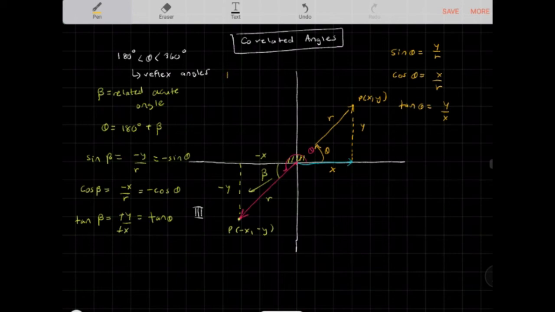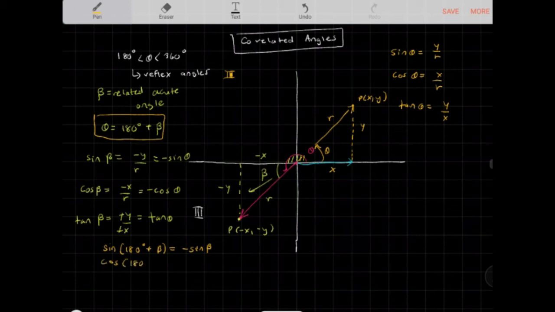So just from this, in the third quadrant, our equations will be as follows, right? So this is your second quadrant, sorry guys. In the second quadrant we said that only the sine ratio is positive. In the third quadrant, sine of 180 degrees plus beta is equal to negative sine beta.